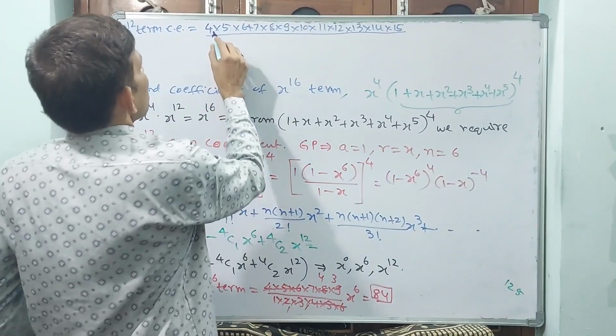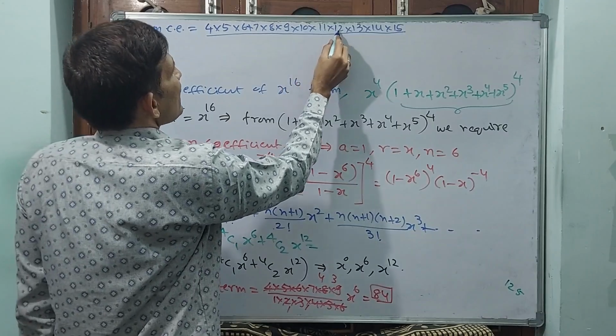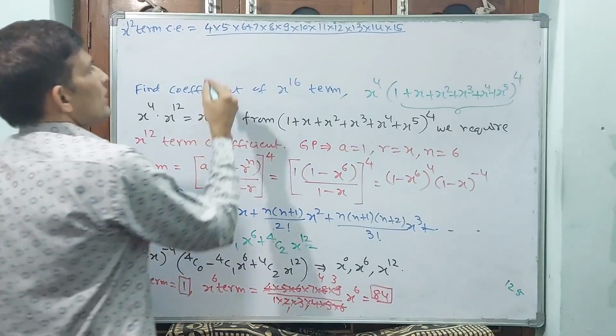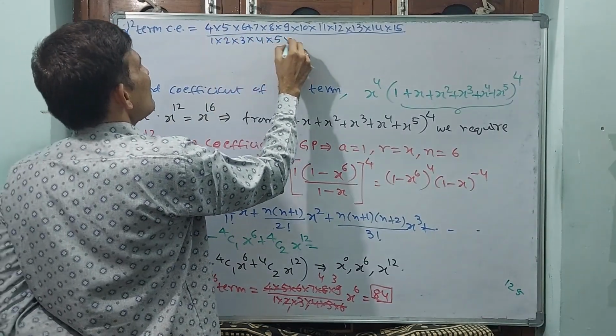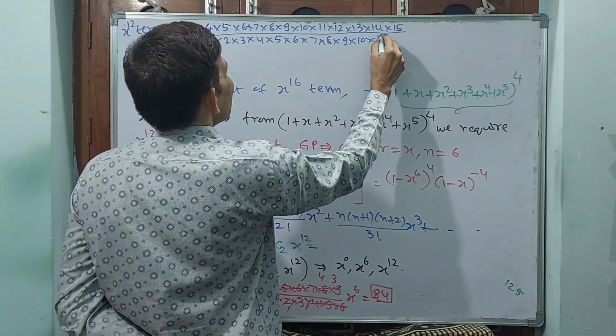That is twelve terms: 1, 2, 3, 4, up to 9, 6, 7, 8, 9, 10, 11, 12. Okay? Divided by 12 factorial. 12 factorial means 1 into 2 into 3 into 4 into 5 into 6 into 7 into 8 into 9 into 10 into 11 into 12.